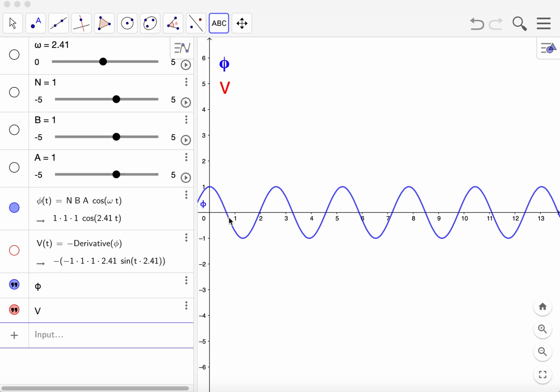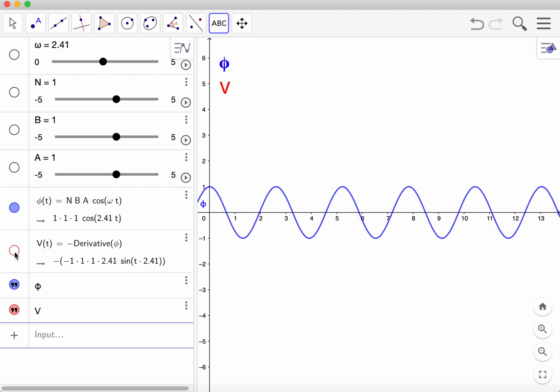Whereas at this point here, the gradient is maximum and negative. Here the gradient is maximum and positive, and so on. It goes on cyclically. So in mathematical terms we can say that the graph of the EMF is the negative of the derivative of the graph of magnetic flux.